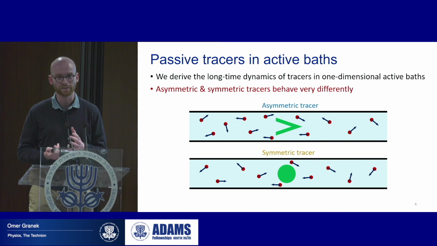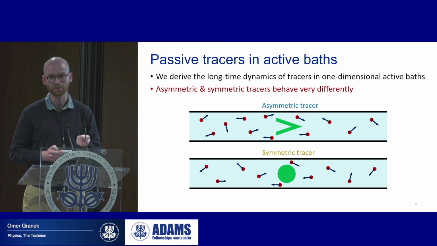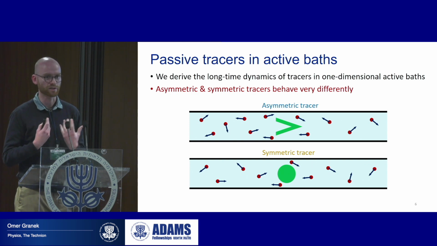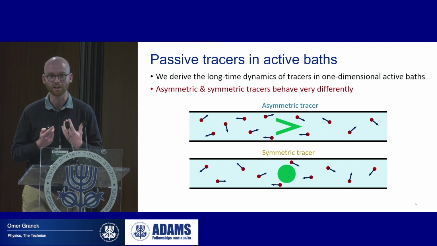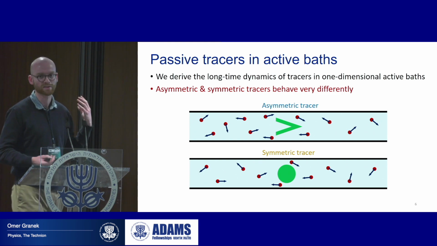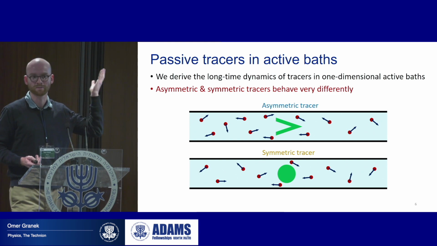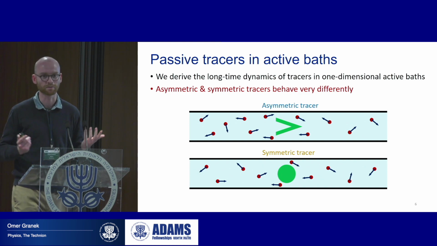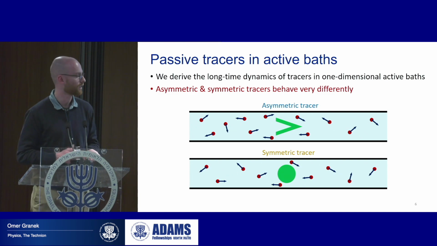And then we derive from this, using a systematic expansion, the effective equation of motion of just the tracer particle. This equation of motion has memory built in, meaning that the tracer has traces of the memory of the previous states of the system.